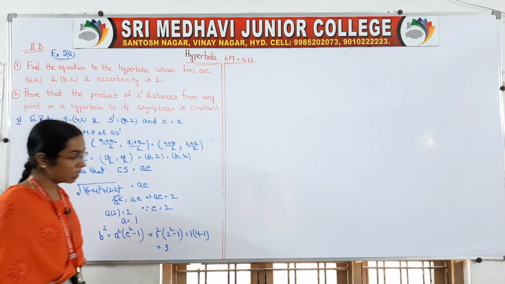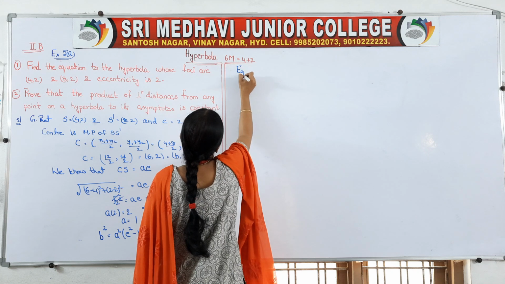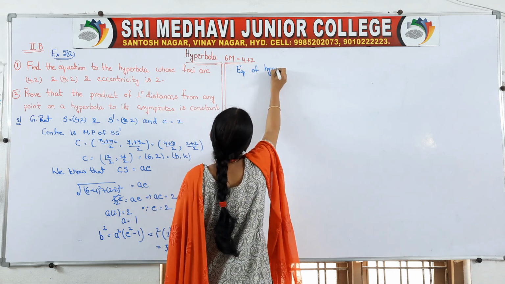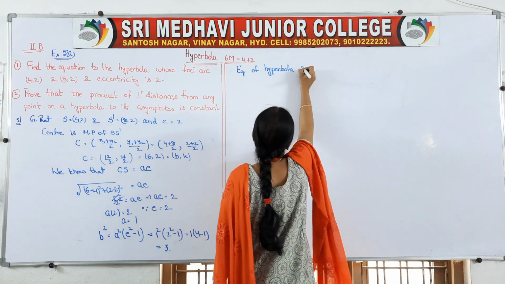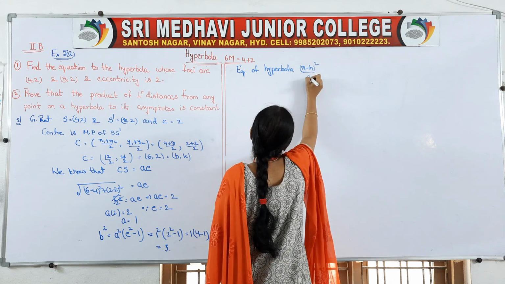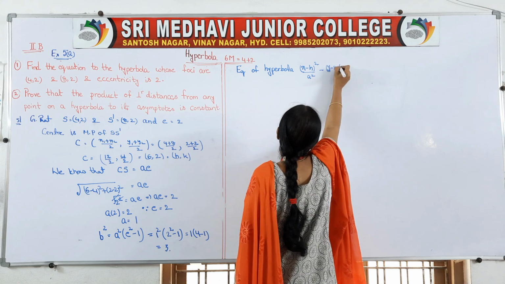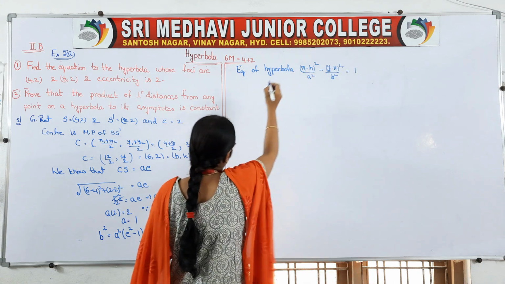We can write our hyperbola equation. What is the equation of the hyperbola in standard form? (x minus h) whole square by a square minus (y minus k) whole square by b square is equal to 1.